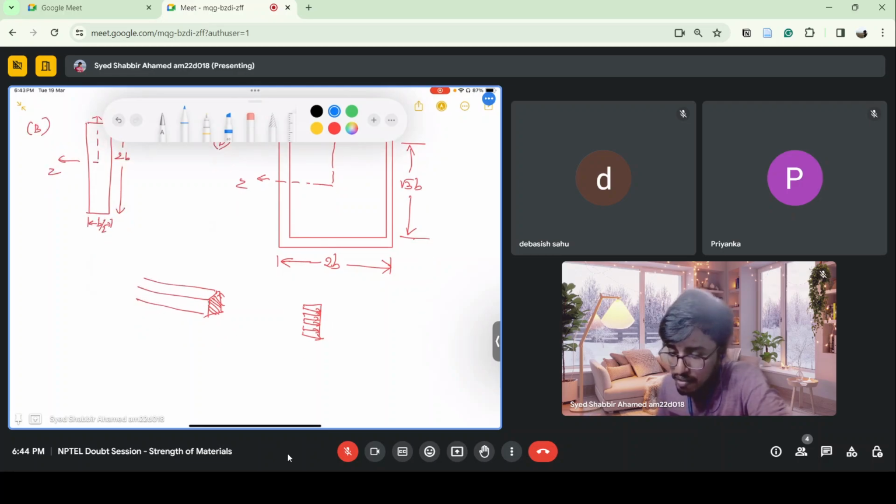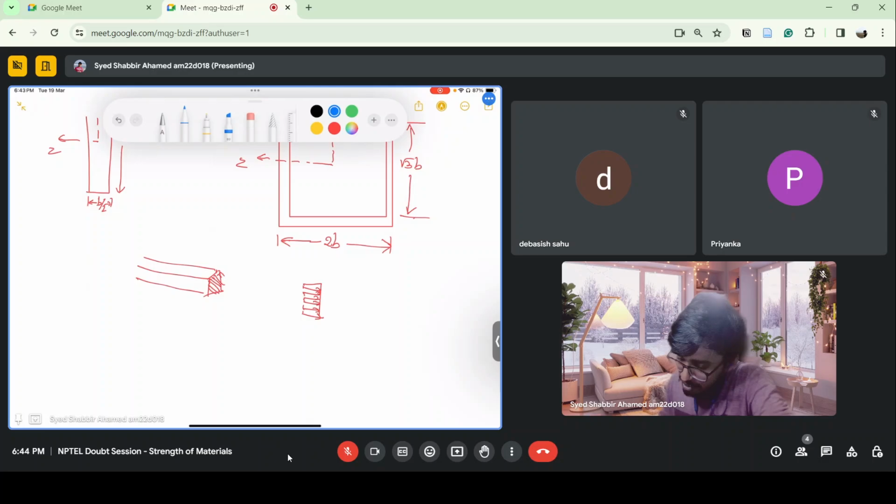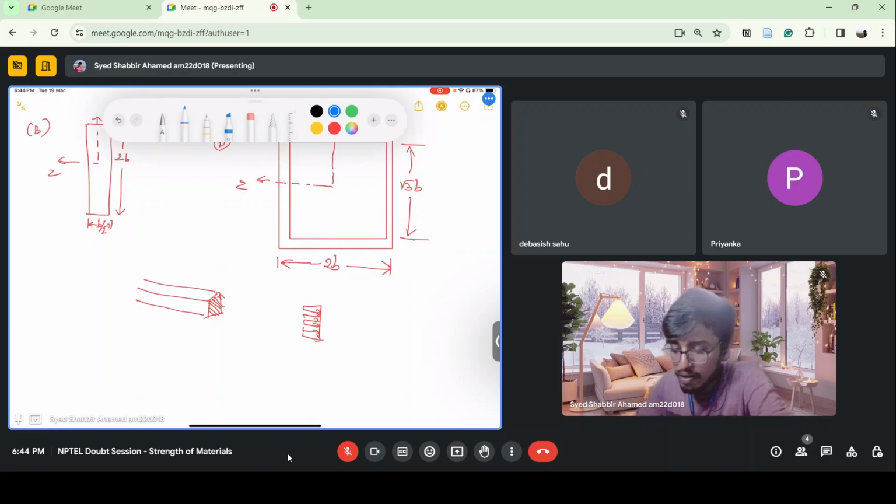So let's say we apply a bending moment on this. Which one of the cross sections will have the maximum bending stress?